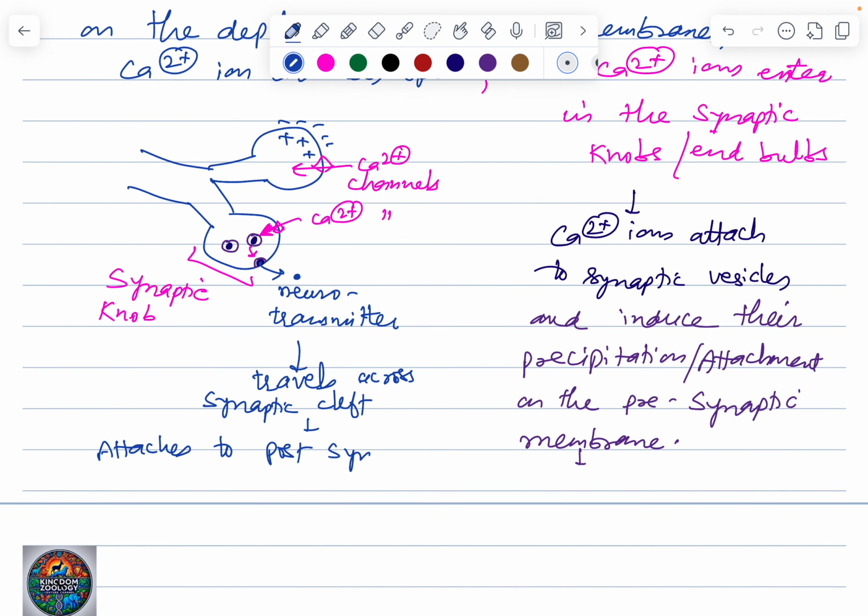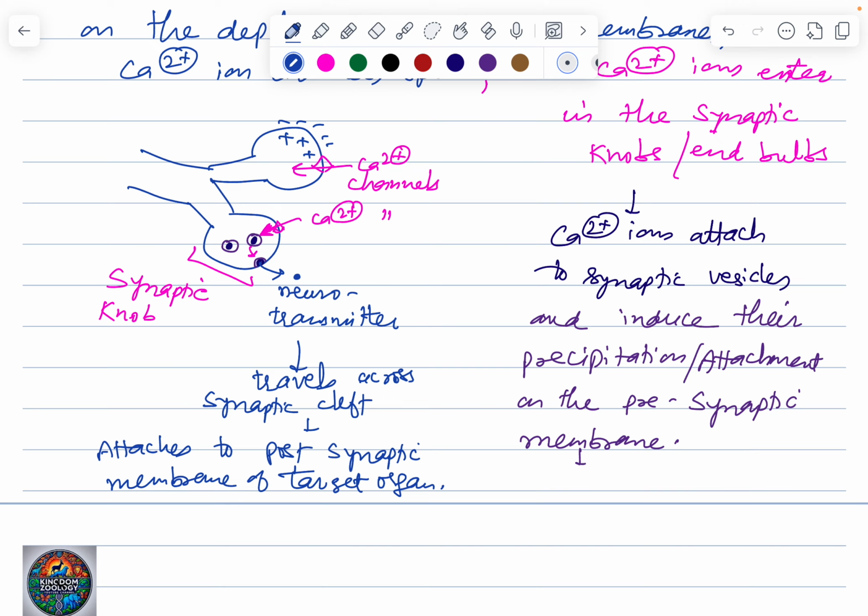The postsynaptic membrane. The membrane of what? The target organ. That's it. This is what we wanted to do. The neuron was supposed to control what? The activity of the postsynaptic organ or the postsynaptic membrane of the target organ.